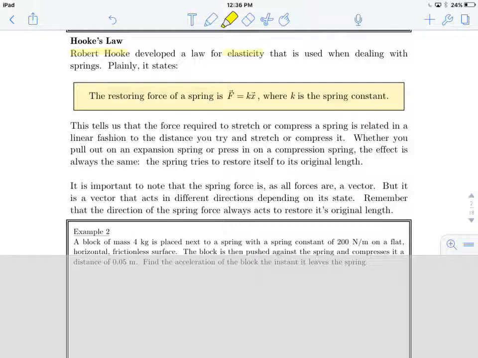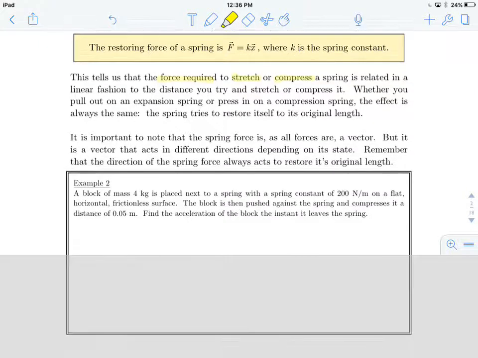Okay? So the force that's required to stretch or compress a spring is related, in a linear fashion, to the distance that you try to stretch or compress it. Spring force is, as all forces are, a vector. But it's a vector that acts in a different direction depending on what's happening.